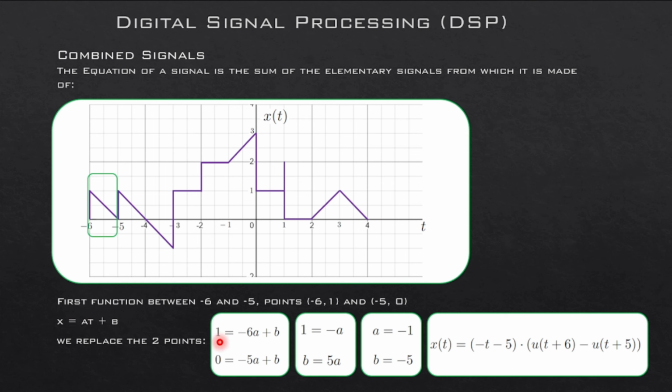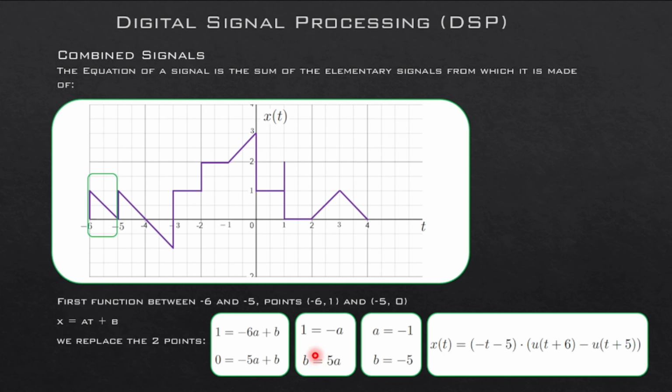You get 1, correct, is equal to -6, which is at the t-axis, a plus b. Then the second point, you fill it in. 0, which is at the x, is equal to a times t, t being -5, correct, plus b.